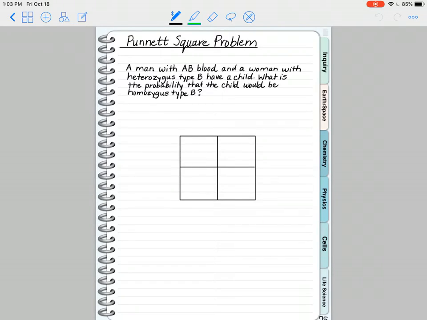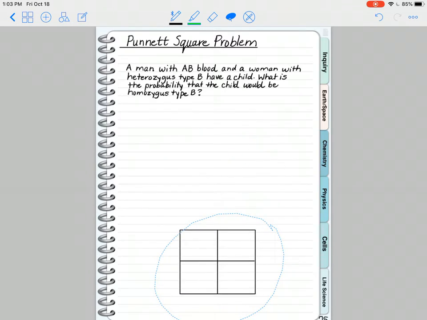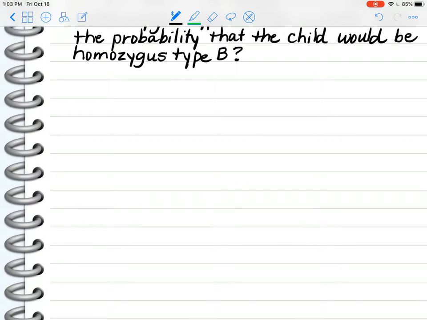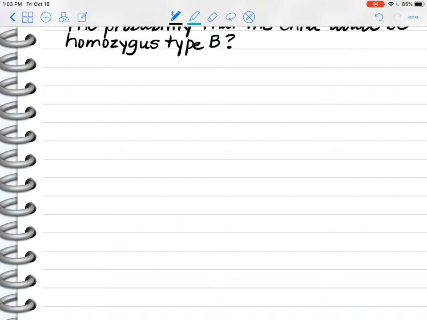So the first thing that you need to understand to do this problem is about the blood type system. So in human blood, you can have three basic types. You can have type A, you can have type B, or you can have type O. Now you can be A positive, A negative.